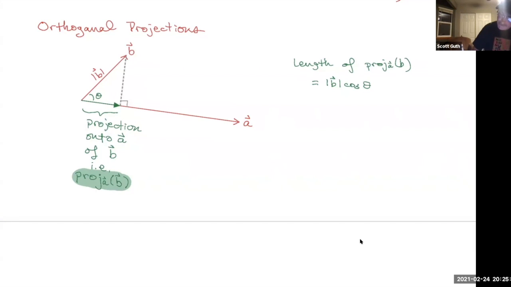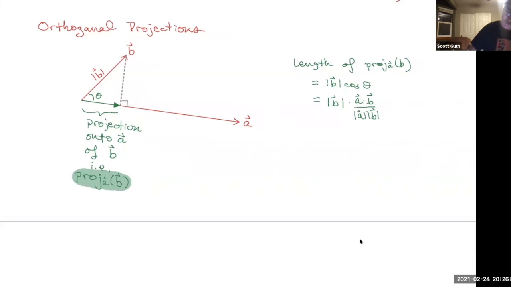Now the cosine of theta, let's see here. This would be the magnitude of B. Now, let me see if I remember this right. The cosine of theta would be A dot B over the magnitude of A times the magnitude of B. Am I right about that?